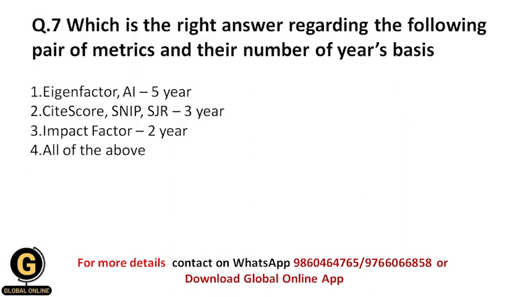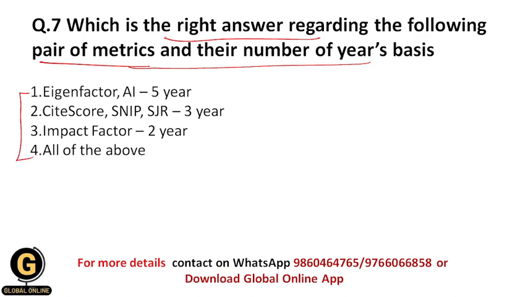Now next is, which is the right answer regarding the following pair of metrics and their number of years basis. Now students, here they have given us the journal metric, and in front of it they have given us the years. These years are the tracking period of the citations of this specific journal metric. So we are going to identify the right matches of the tracking period of citations to the journal metric.